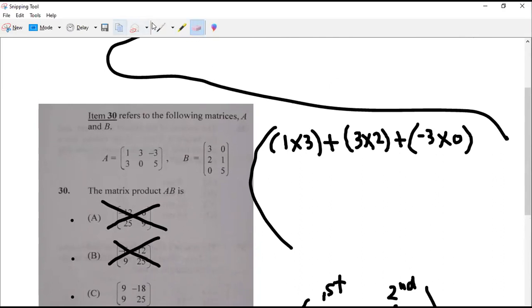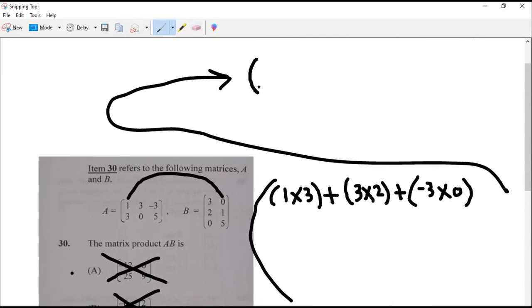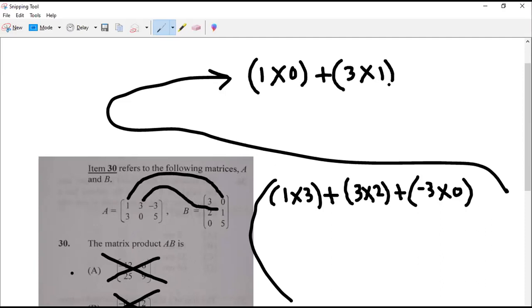So it is going to be 1 times 0, plus what? 3 times 1, plus negative 3 times 5.